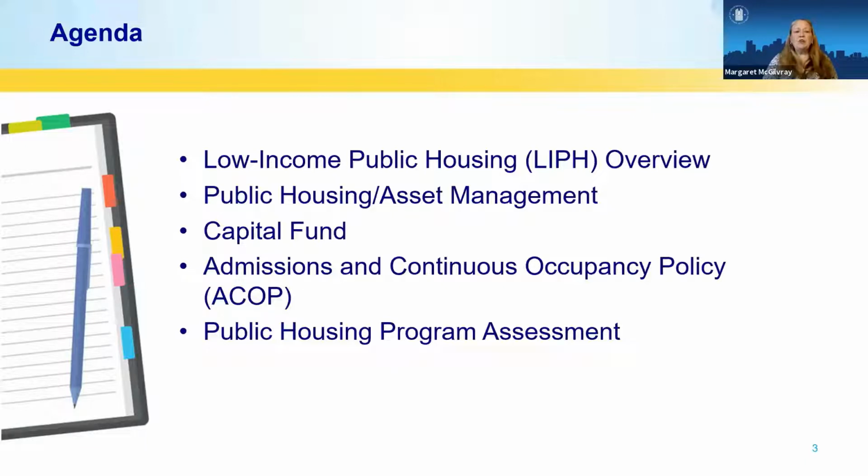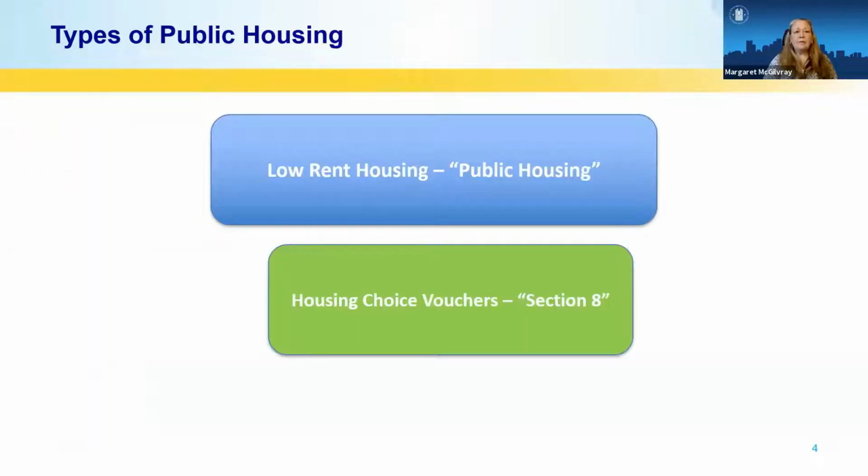So let's just make sure we're all on the same page with what we're talking about today specifically. We'd like to clarify in this session that our focus is on one of the 2 primary types of public housing, what is called public housing, which is made up of the low rent housing program and the Section 8 Housing Choice Voucher program.